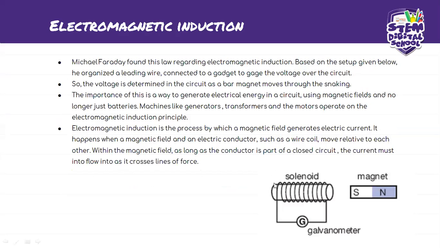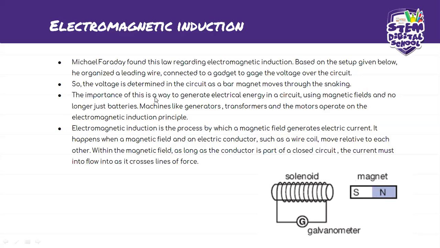You see, this is our little solenoid, this is our galvanometer, and this is our magnet. The voltage is determined in the circuit as a bar magnet moves through the coil. The coil is this part here, so you take the magnet and put it inside here.